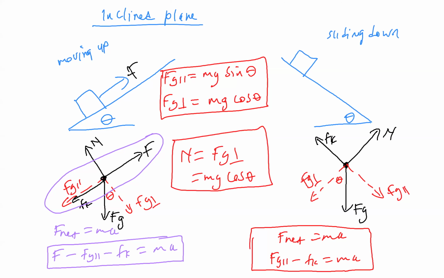So even if we have two objects on an inclined plane, the same applies. Okay, let me just do one problem for you to show you how we apply this.